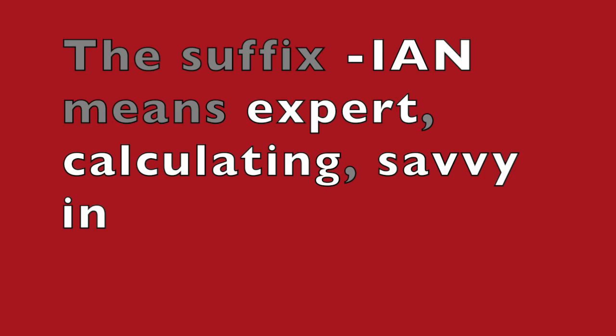The noun authority means power. It becomes an adjective, authoritarian, like we talked about, authoritarian parenting styles. I-A-N means expert, calculating, or savvy in this case, power. So savvy in power, like historian is savvy in history, librarian is an expert in libraries.